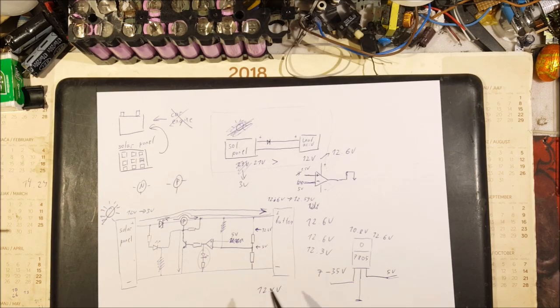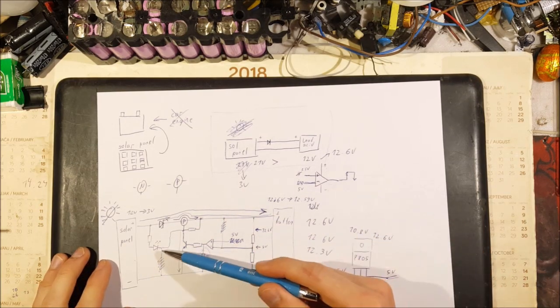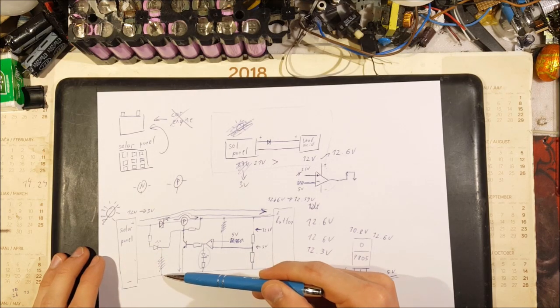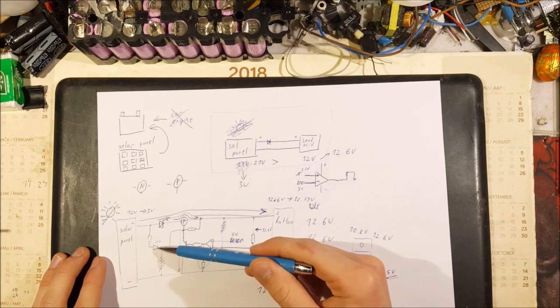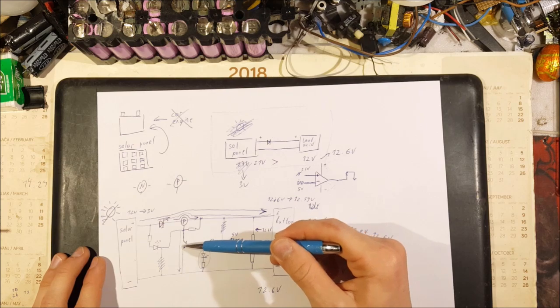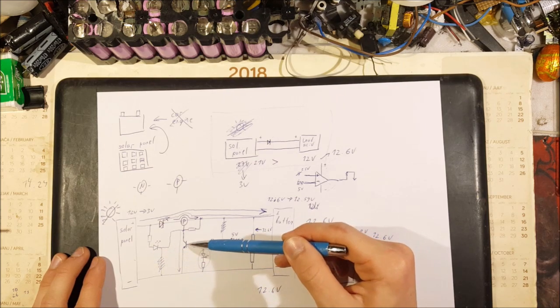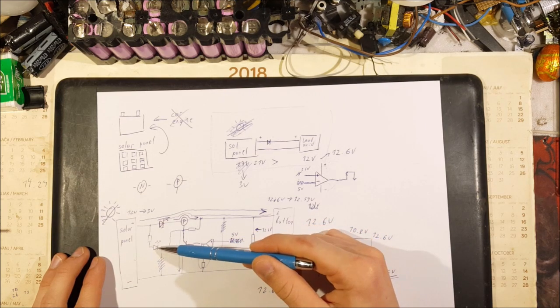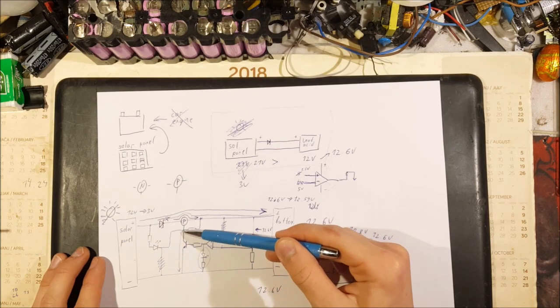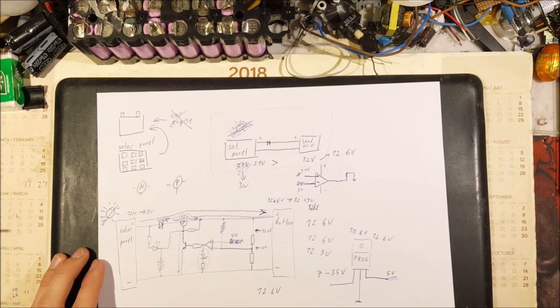Now let's investigate. Before, the negative of this diode was connected straight to ground, but now it is connected to ground through this transistor, meaning that the diode can only turn on if this transistor is closed and connecting its negative side straight to ground.